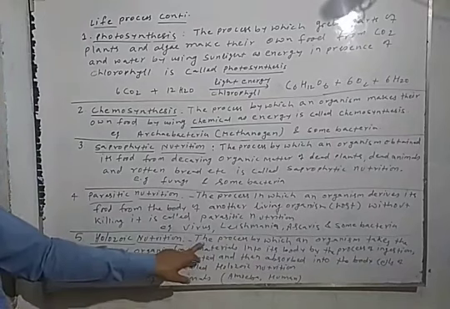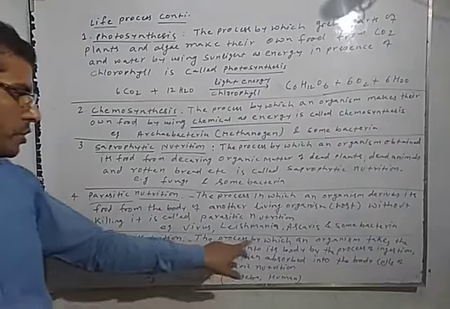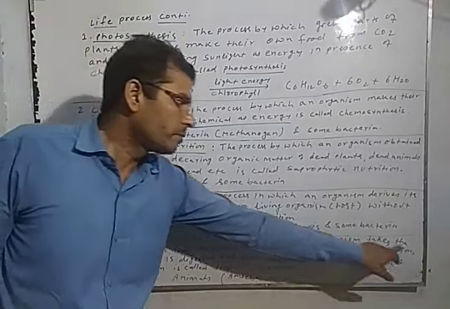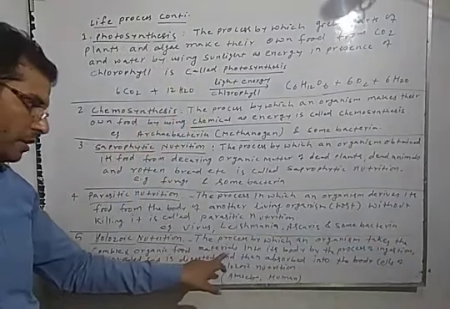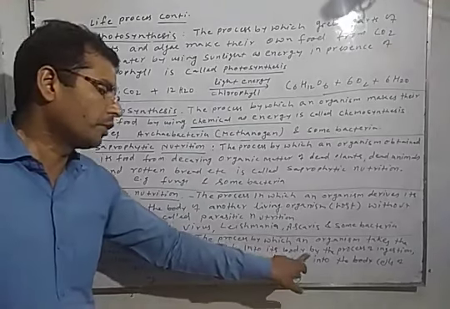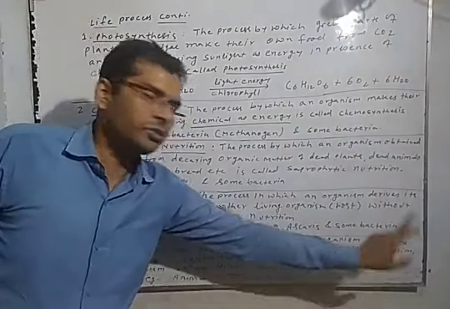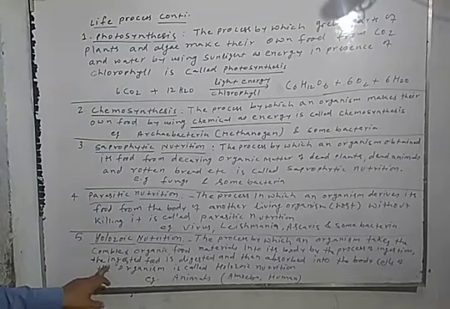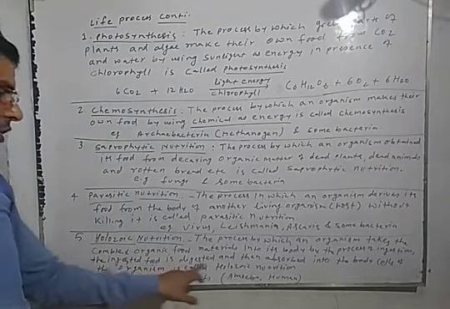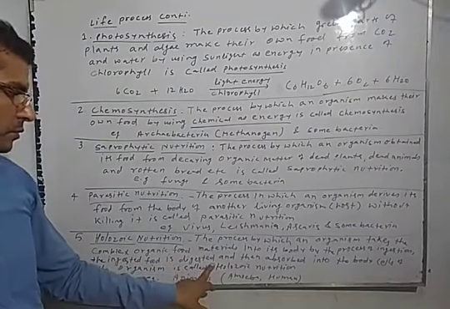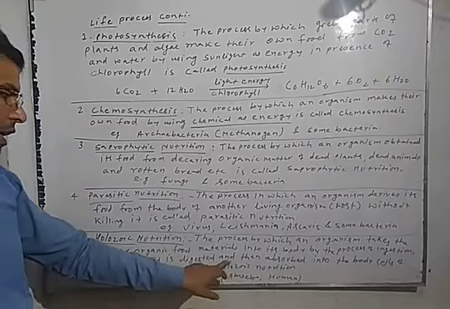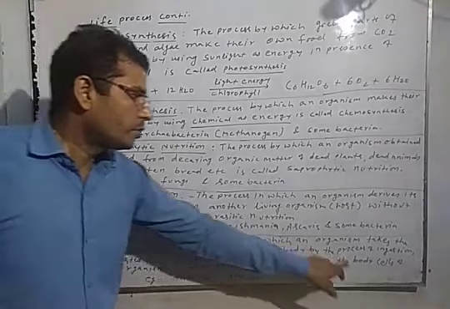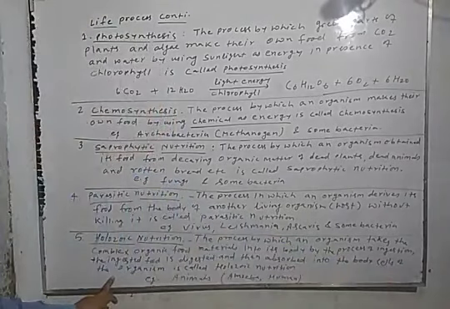What happens in holozoic nutrition? It is the process by which an organism takes complex organic food materials into its body by ingestion. The ingested food is digested, that means broken down into simple forms, and then absorbed into the body cells of the organism.